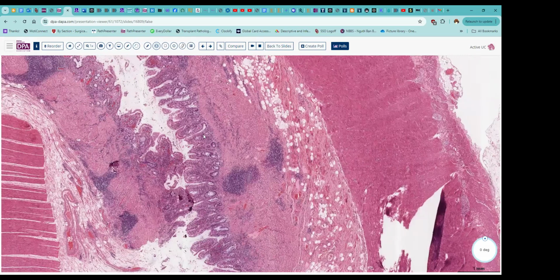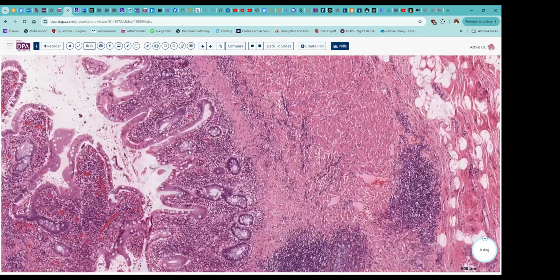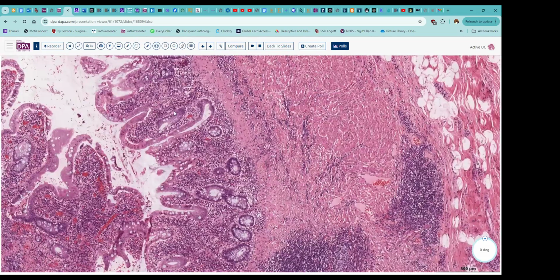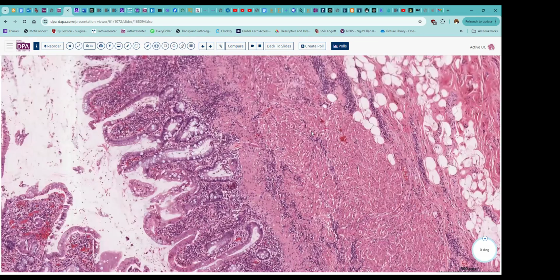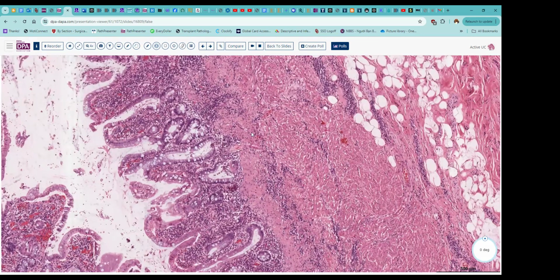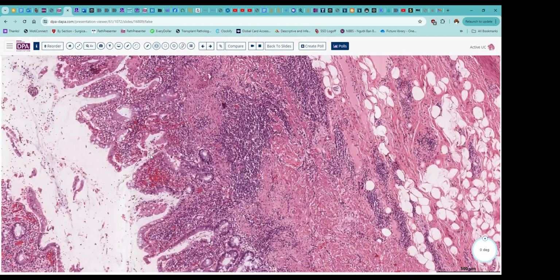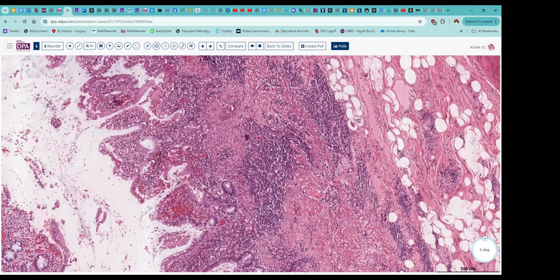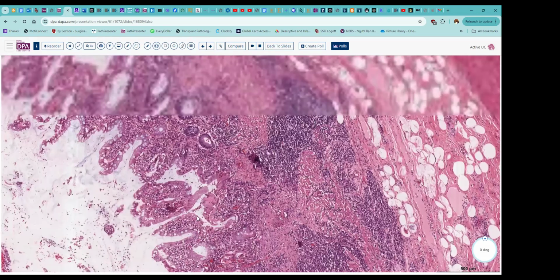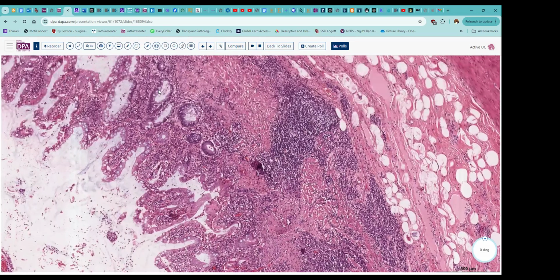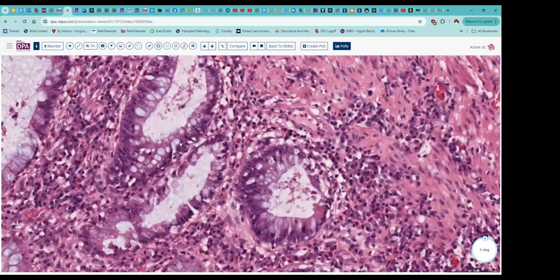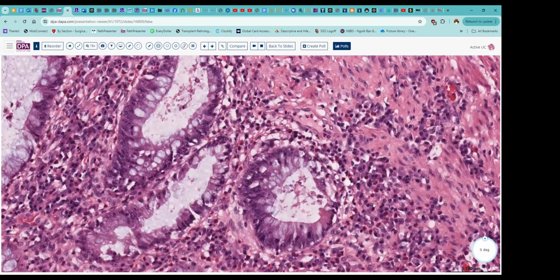And in this case, we don't see a lot of crypt abscesses. We do see this secondary change, the smooth muscle hyperplasia, and maybe a few areas. Certainly we have chronicity with the variable architectural changes of pseudovillus type of change, and maybe a little bit of intraepithelial inflammation, a lot of eosinophils and plasma cells.